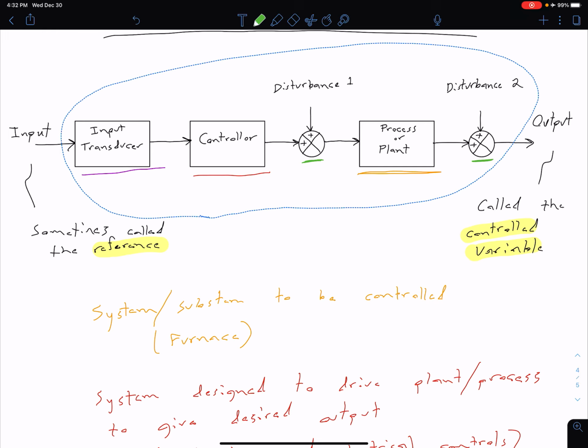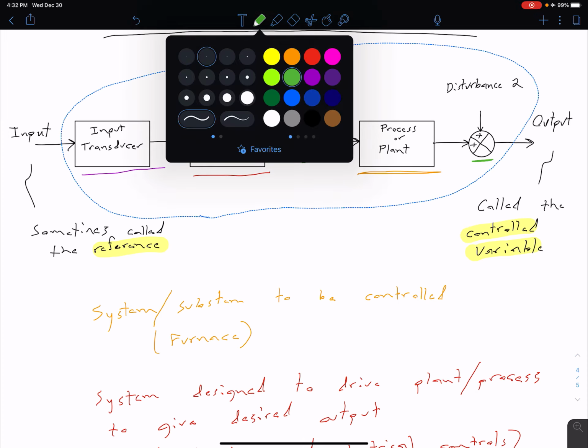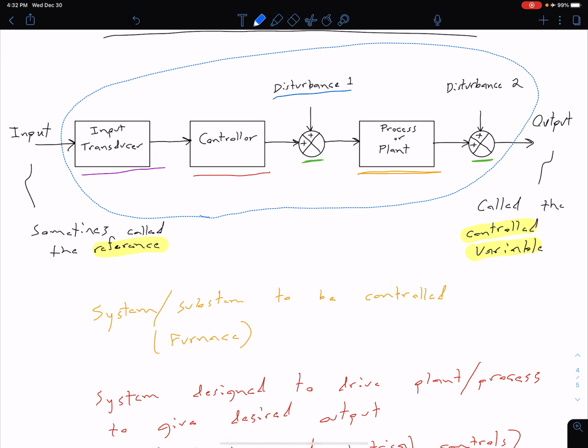One thing to point out too is that all of the connections here are arrows pointing in one direction, so we can only move in one direction through this control system. That's another important thing to keep in mind. The last thing I want to point out are these two disturbances, disturbance 1 and disturbance 2.